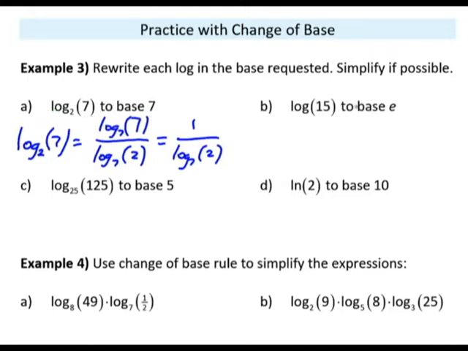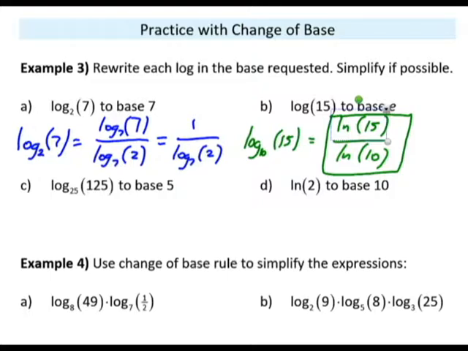In the next example, we're translating to base E. Any log base E is going to be the natural logarithm. So here's what that looks like. This doesn't simplify. Try the next two.